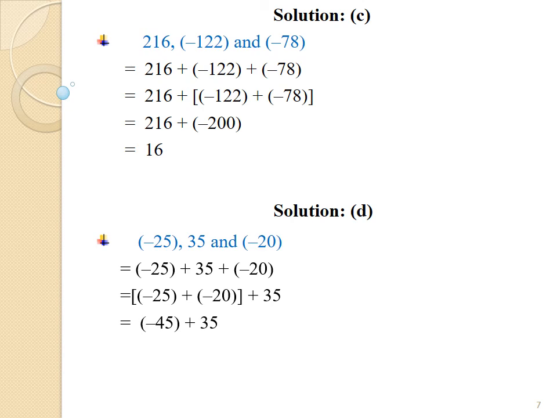Now subtracting 35 from 45 as one integer is positive and one is negative, we get 10, and placing a minus sign before 10 as 45 is greater than 35, we get -10. Thus, -25 plus 35 plus -20 is -10.